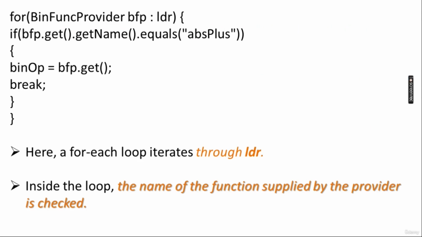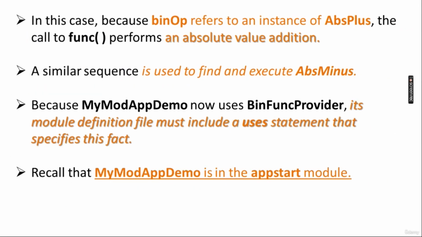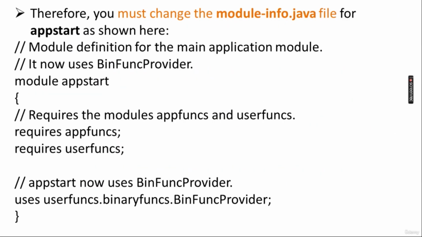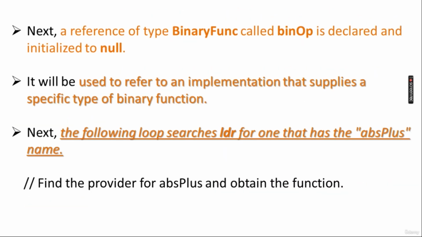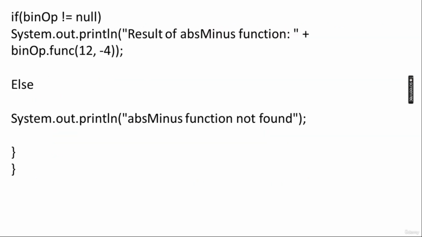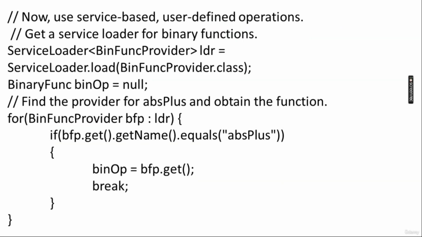The example was the binary function provider, first your absolute plus and absolute minus. This was our example that was iterating through the for loop, binary function provider BFP ltr.